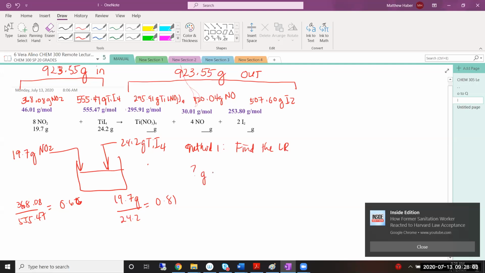How much of the product can I produce if all of my 19.7 grams of the first reactant is used up? Now remember, I'm going to make use of the mass ratio. For every 368 grams of the reactant used, I can make 295 grams of the first product.